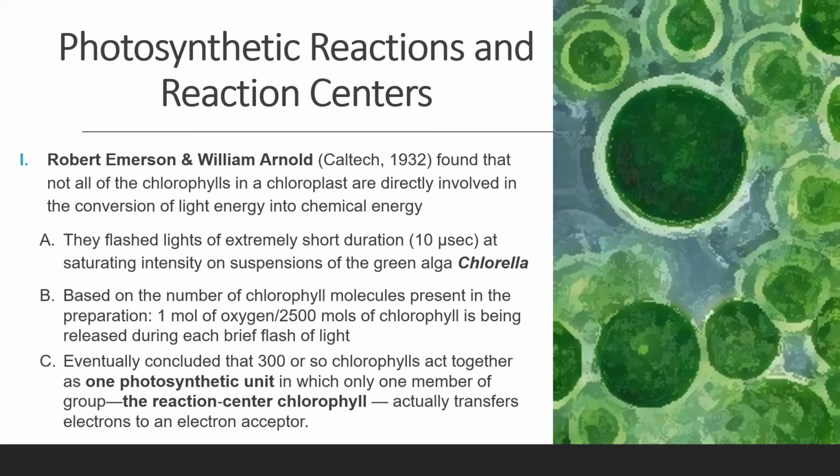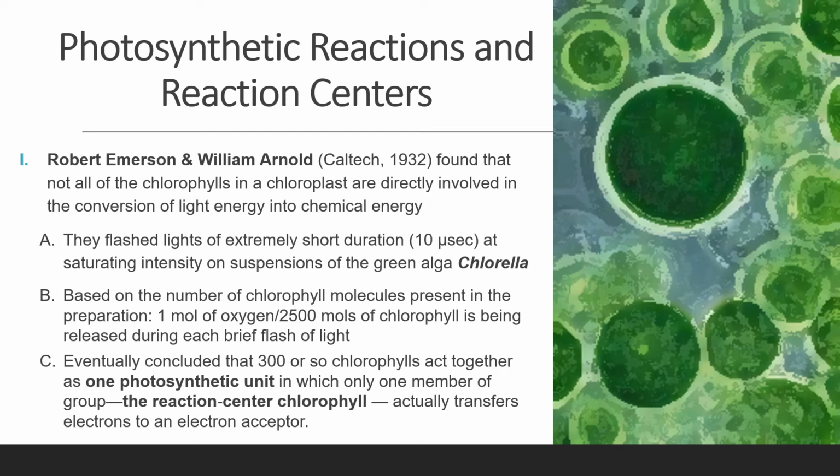Basically, they are saying that not all of the chlorophylls in the chloroplasts of plants are involved in the conversion of light energy to chemical energy. So how were they able to do it?